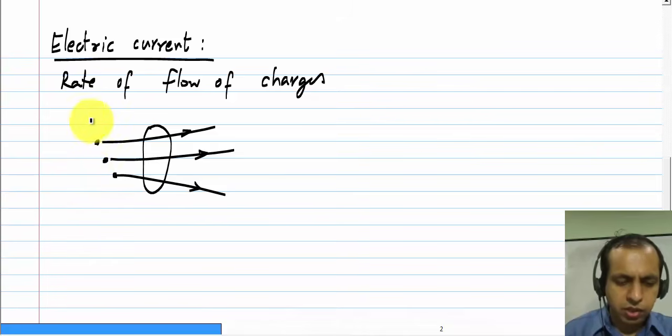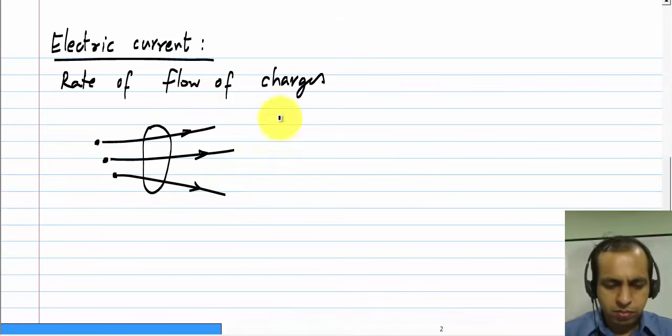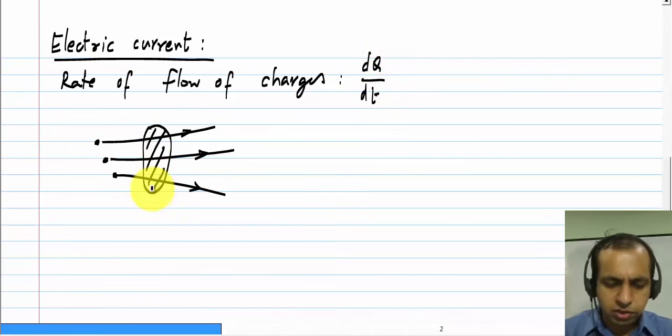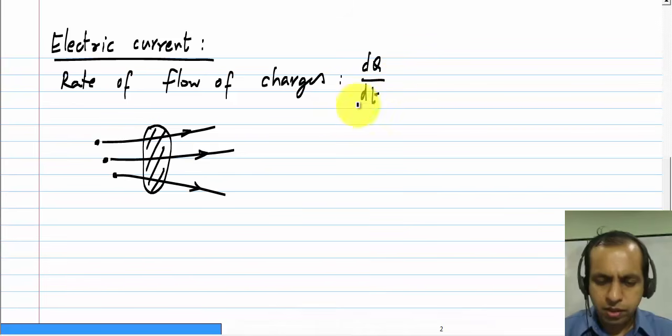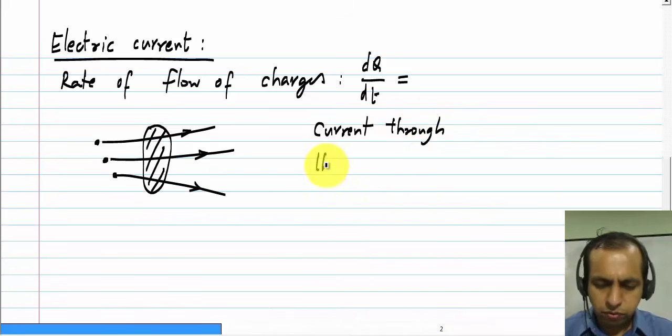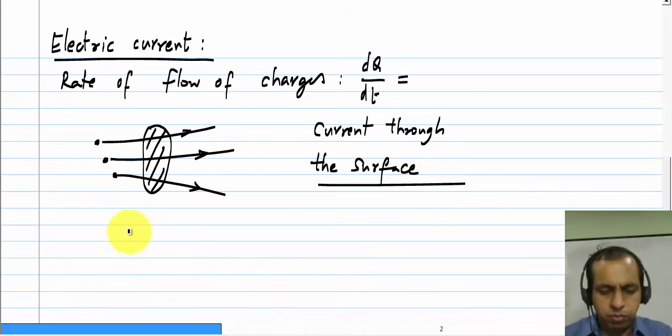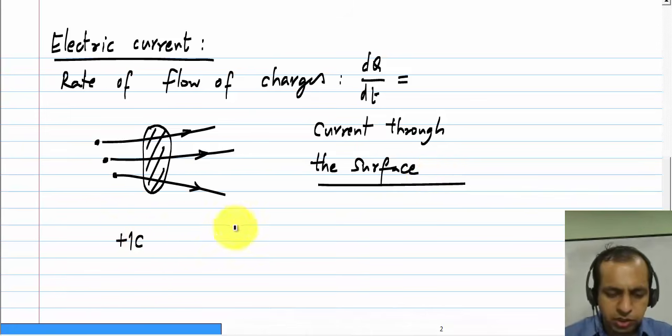Okay, so let's say these are some positive charges, and the rate of flow of charges, which is basically dq by dt across a certain surface, is the current through the surface.